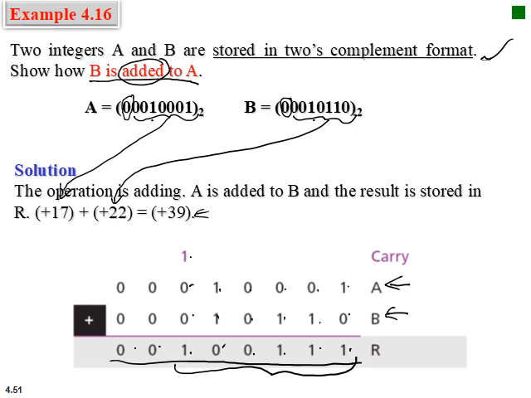A plus B, which is 17 plus 22, is 39. Now note, we explicitly put the positive signs there because we're going to do some other examples now to show you the difference between them. Okay, so now let's look at the next example.